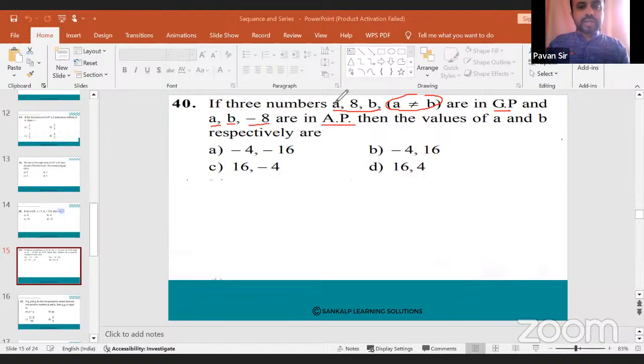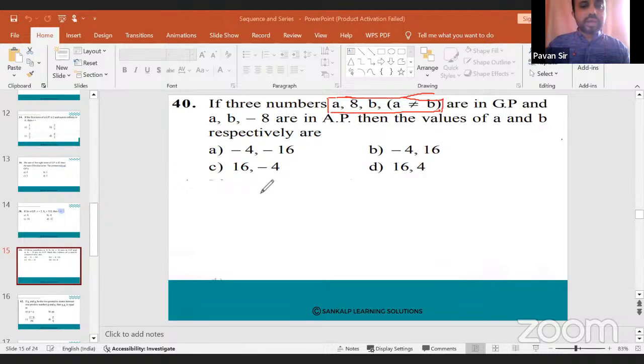First use the condition A, 8, B are in GP and A is not equal to B.